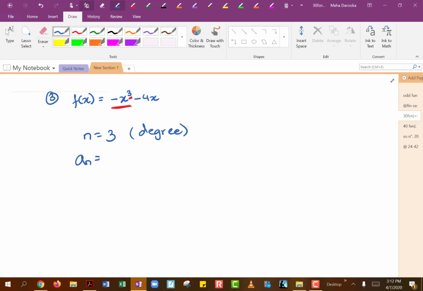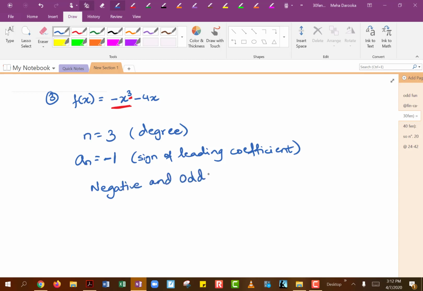And then a sub n is the coefficient, and that's actually going to be this negative. And since there's no number, we know the number is 1. So that's the negative 1, and this is the sign of our leading coefficient. So you can see we have a negative leading coefficient and we have an odd degree.